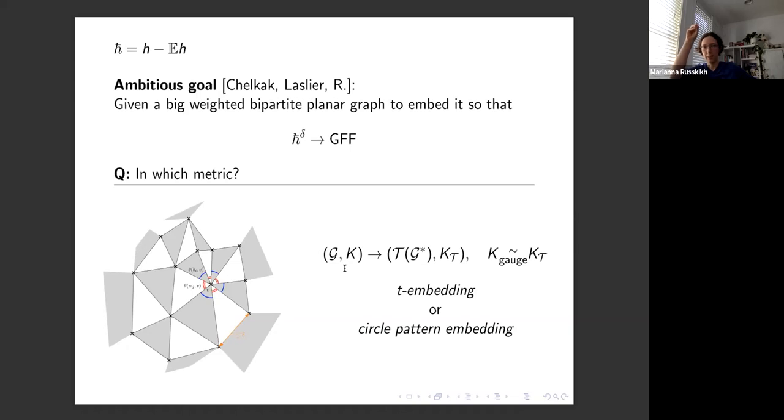And I claim that under some assumptions, there is a good one which describes a good discrete d-bar operator. That's the point. So in general, we don't want to force weights to be some specific ones.